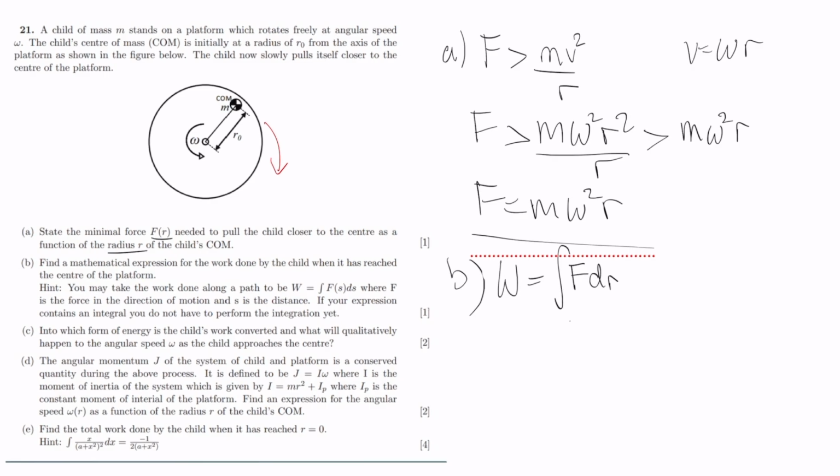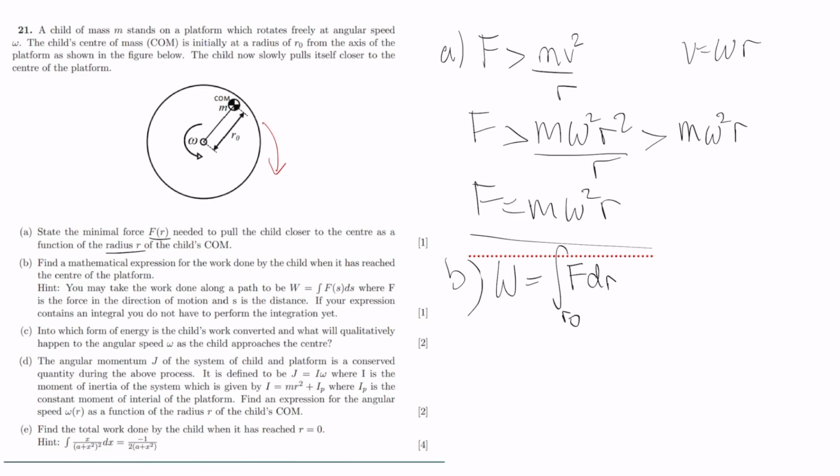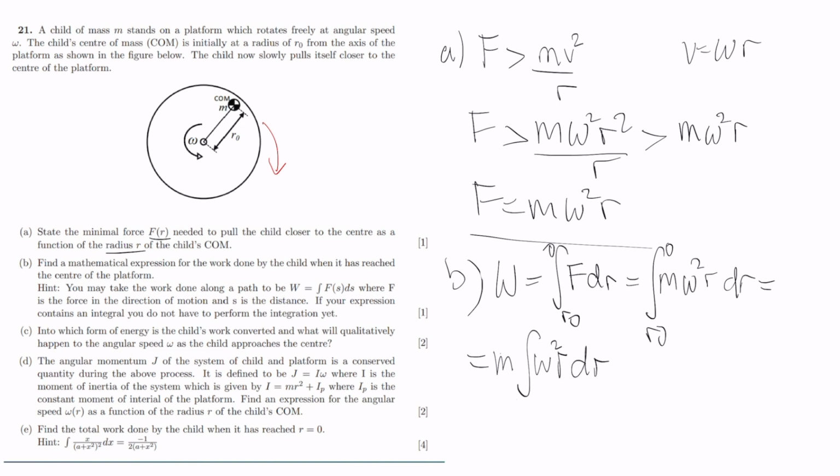Now, if we're starting from r0 and we end up at the center, we are essentially ending up at 0. So these will be the two boundaries of my integral. So this here will be the integral from r0 to 0 of m omega squared multiplied by r dr, and this here will just be given by m times the integral of omega squared r dr from r0 to 0.